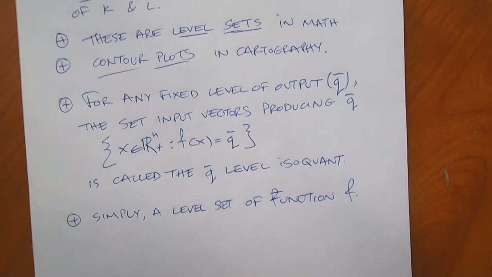And what is this intersection of a horizontal plane with your 3-dimensional surface? It's going to be a line, and that line we call the isoquant. It's sort of your level set, right? So that's sort of a mathematical construct. Cool. Any questions on the nature of the isoquant?